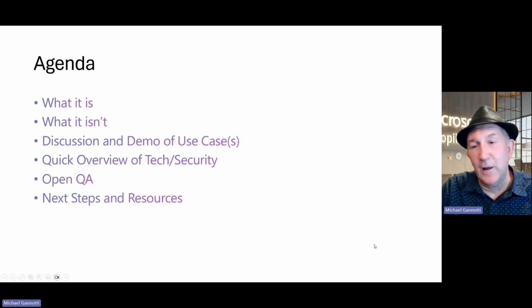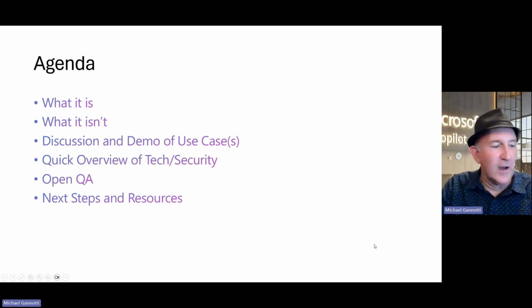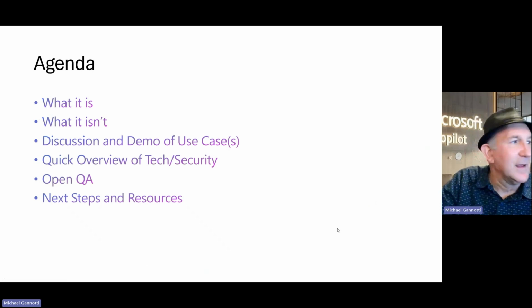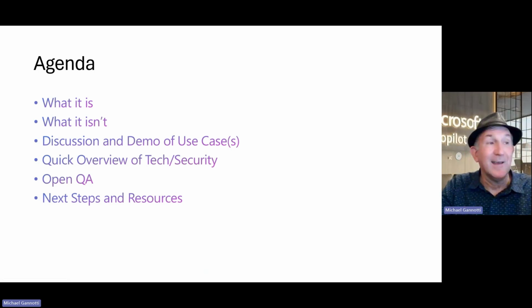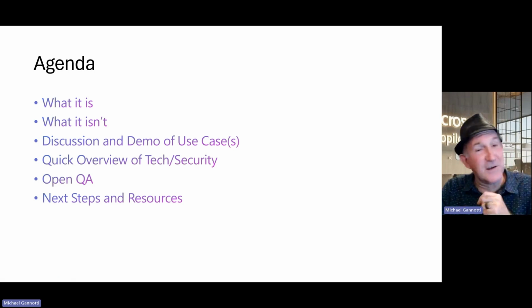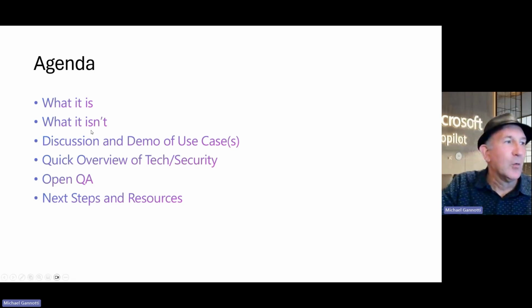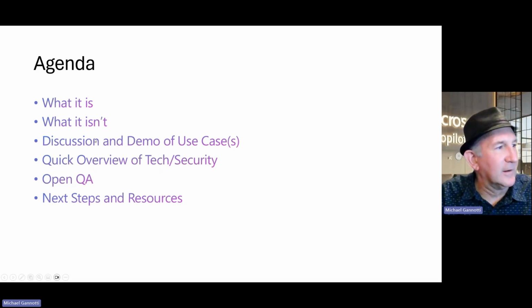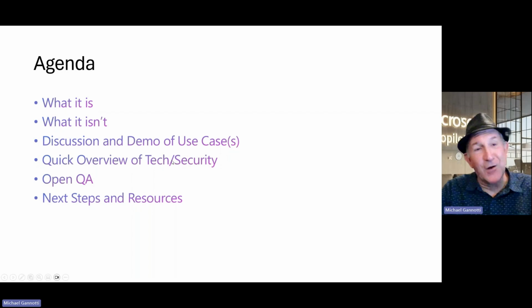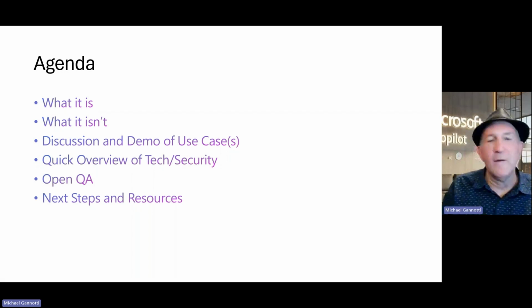So I do have a couple of slides just to kick things off before we dive into the meat of today. Today's agenda: we're going to talk about Copilot for Microsoft 365, what it is and what it isn't, and that's just as important as what it is. Since this is IT, I'm going to do a very quick overview of what Copilot for 365 is technically and the security around that.